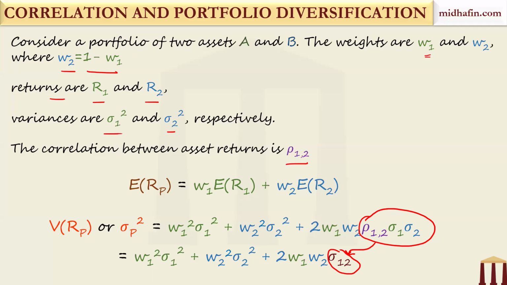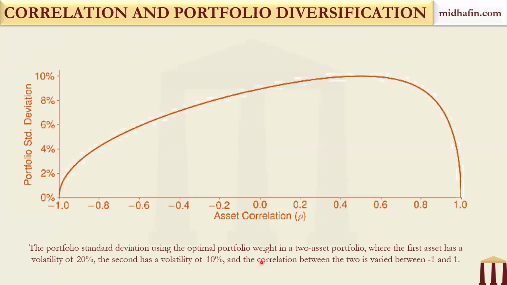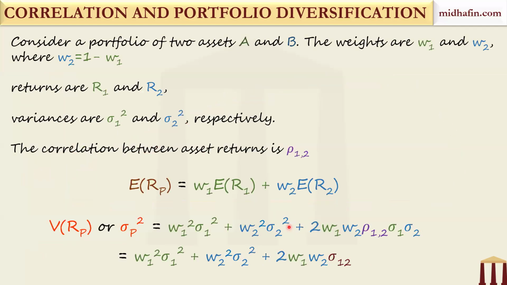Okay, so these two formulas you have to remember by heart, this one and this one. Now, this is a special case that has been represented in this diagram. W1, the weight in one of the assets, has been set to an optimal weight.